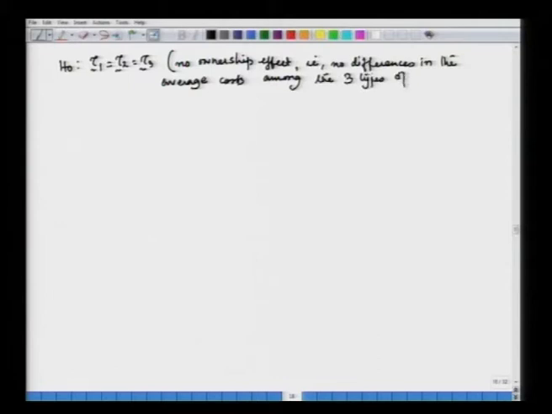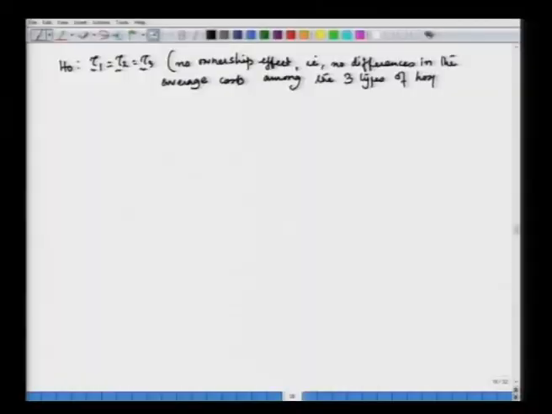So, my assumption is this: whether it is a private hospital or a non-profit organization or a government hospital, there is basically no difference as far as average costs pertaining to those four factors are considered. So, that is what my null hypothesis is, that there is no ownership effect on these costs which I have considered, among the three types of hospitals.